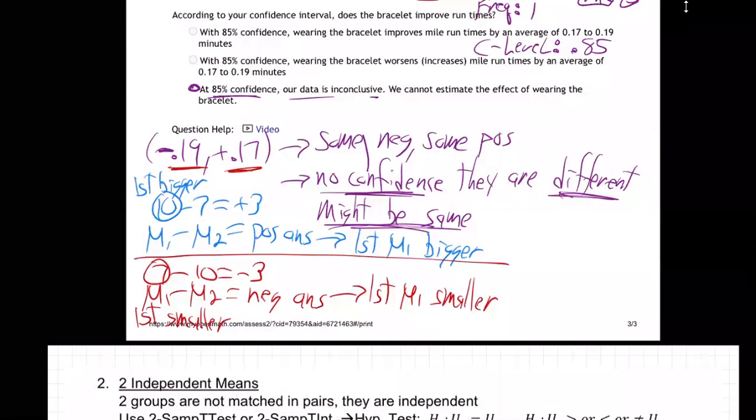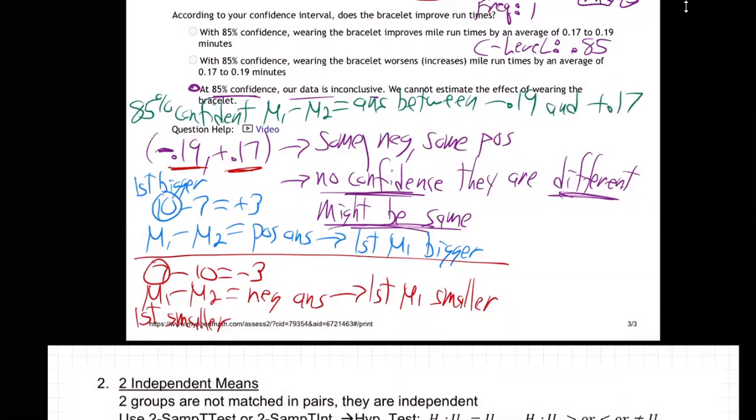In other words, to be really clear, we are 85% confident that mu1 minus mu2 equals an answer between negative 0.19 and positive 0.17.